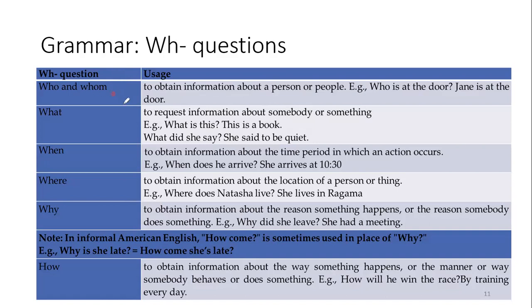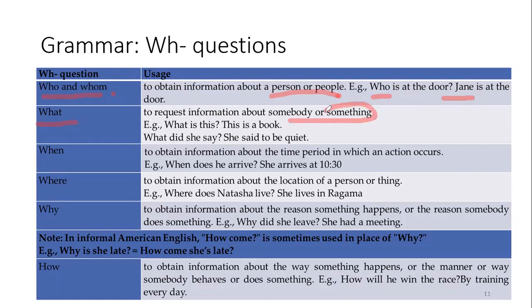Who, whom is used. By using who and whom, we ask to obtain information about a person or people, right? Who is at the door? Jane is at the door. Who? It's Jane, right?